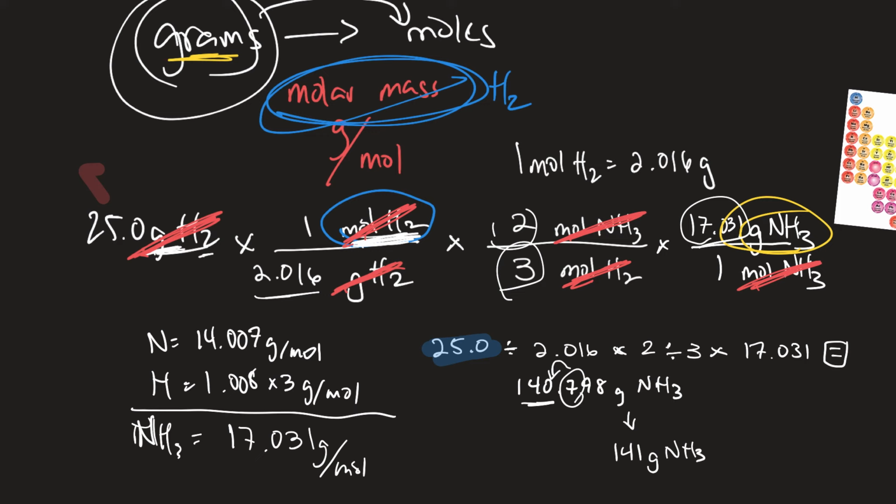You convert grams to moles using the molar mass of the substance, and then from there you do the mole-mole ratio that you could find from the chemical equation. Okay, and then after that, whatever unit they ask you to find the final answer in, whether you remain in moles or you go to grams, just pay attention to that so that you know what your next step is. All right, so this is it.